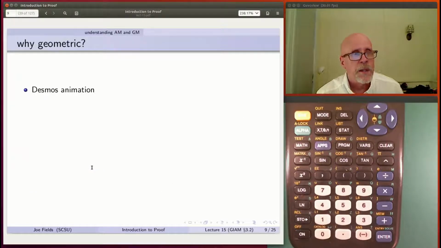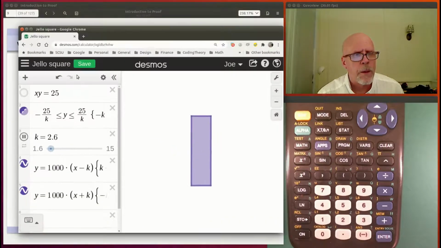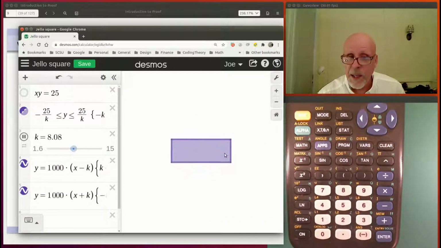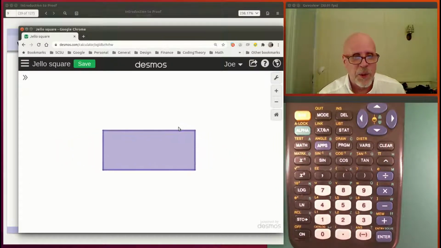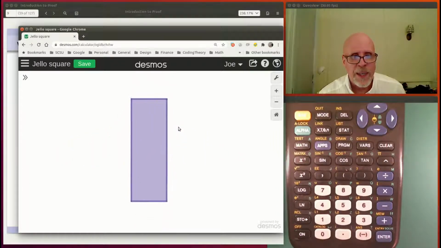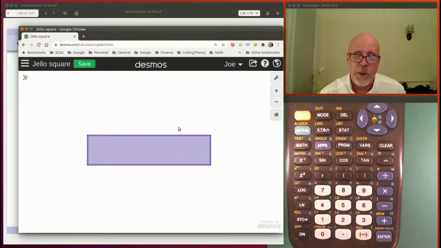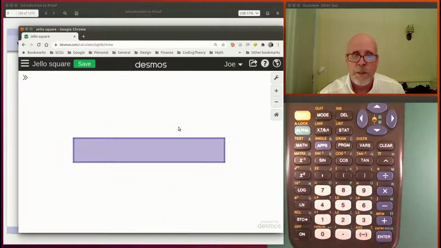And let's look at it in a Desmos animation. Okay, so here I've taken kind of a lot of work to make an animation for you of what it looks like to have rectangles of all different aspect ratios, but which all have the same area.